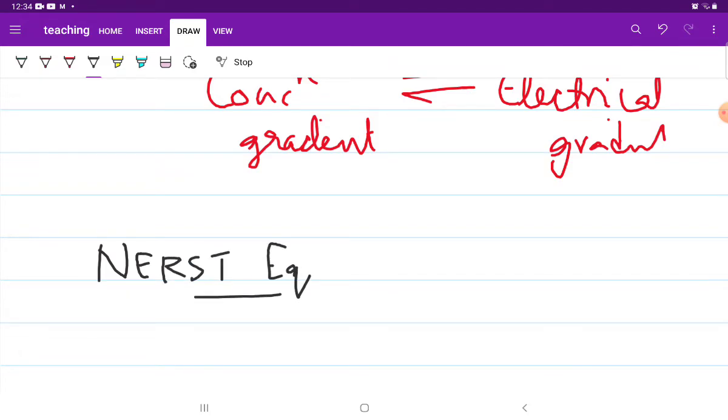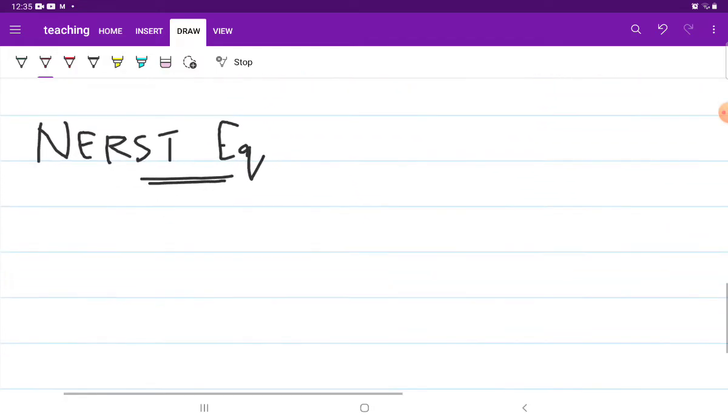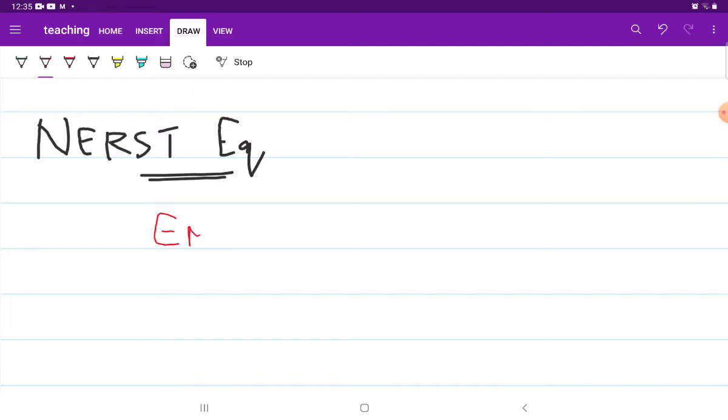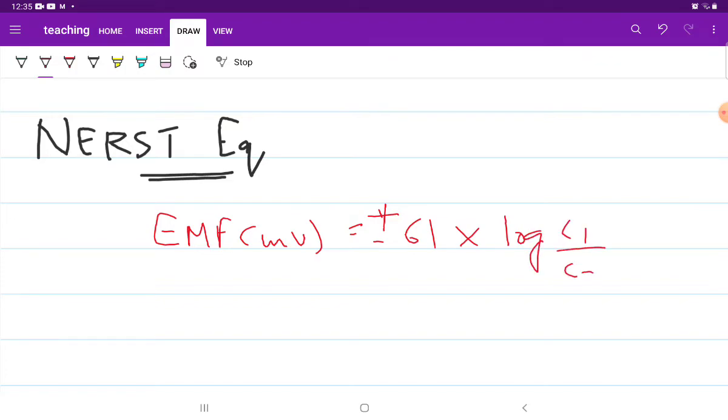The Nernst equation is: electromotive force will be equal to plus or minus 61 into log C1 by C2. C1 is the concentration outside the cell, C2 is the concentration inside.